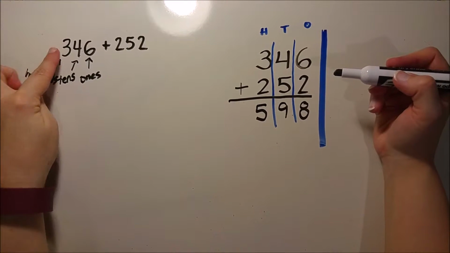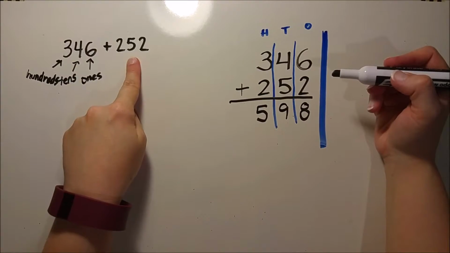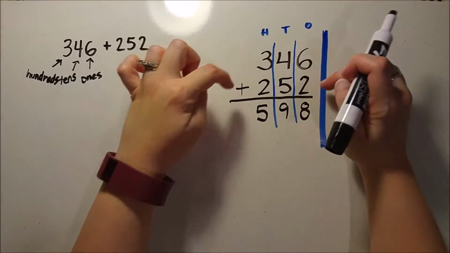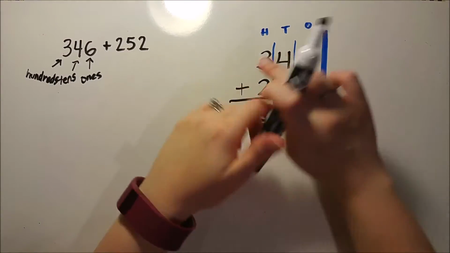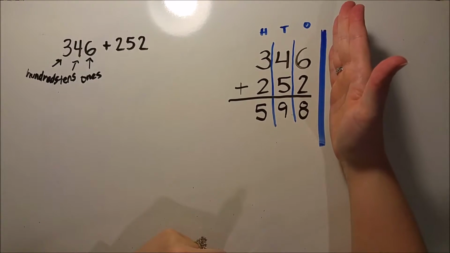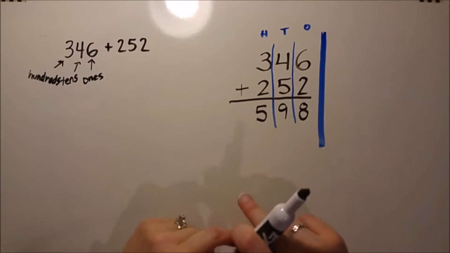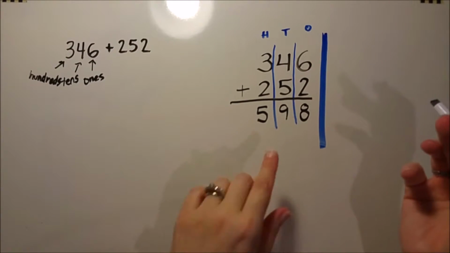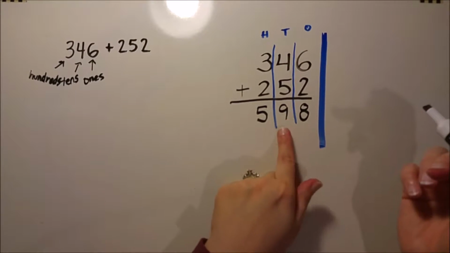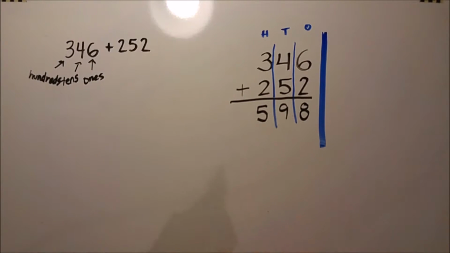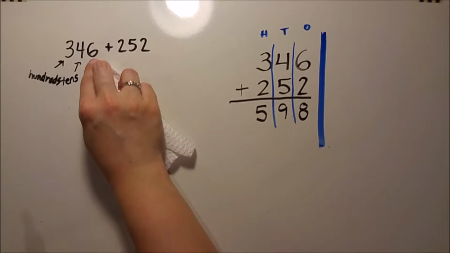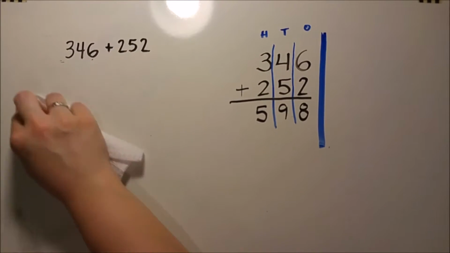So 346 plus 252, if we rewrite it vertically like this, making sure they're lined up with the ones, the tens, and the hundreds together, that lets us get our answer of 598.